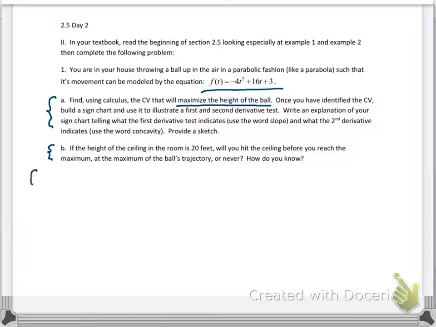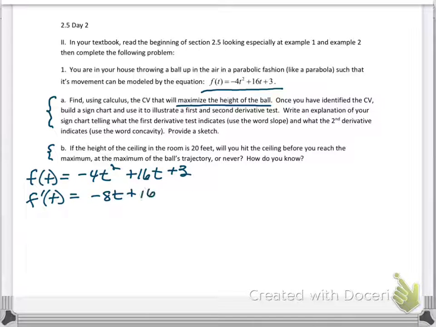So our function is negative 4t squared plus 16t plus 3. Take your first derivative, and you're getting negative 8t plus 16.